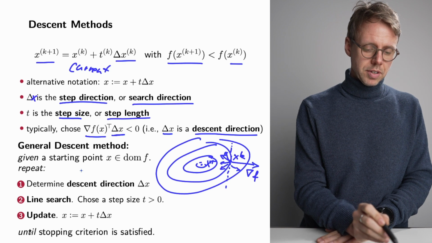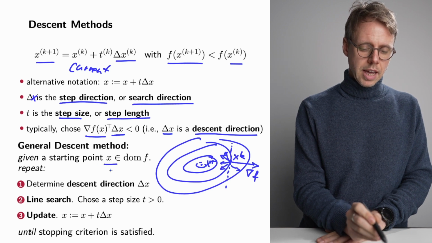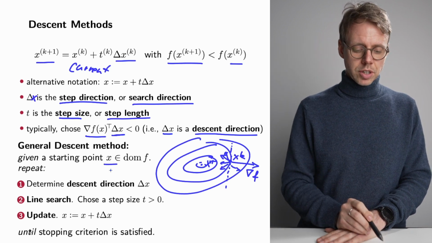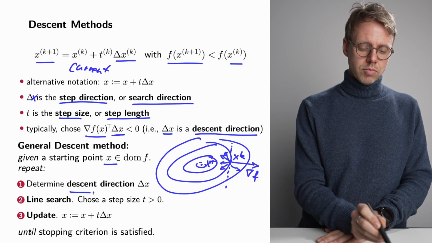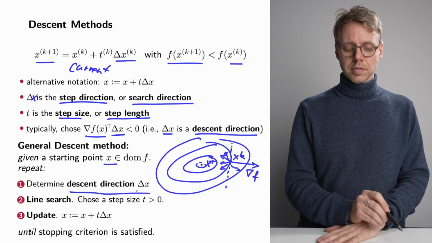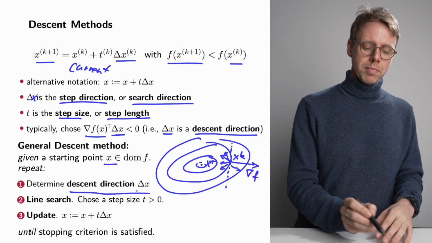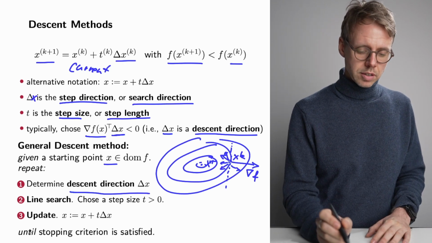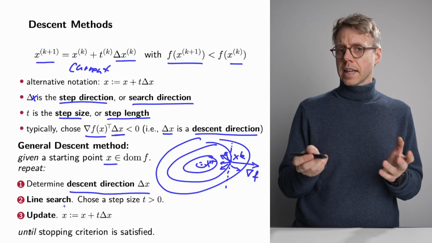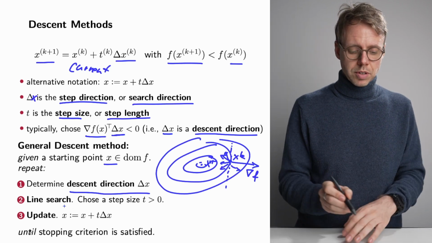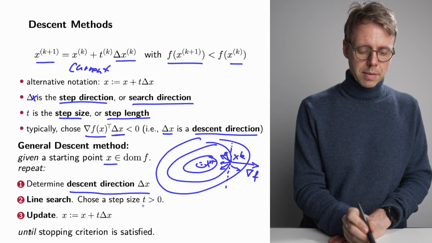So given a starting point x from the domain of the function, we would determine some descent direction delta x, and perform a line search along this descent direction. The line search, we will get to know, is a way to choose a step size.